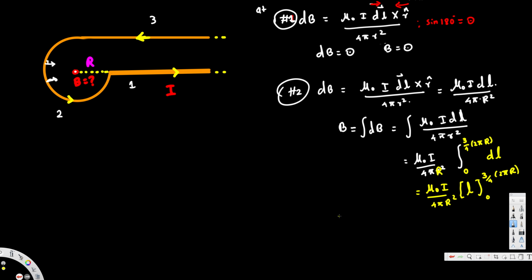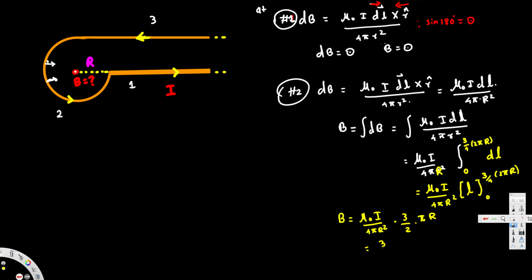So the answer is going to be B is equal to mu naught I over 4 pi R square times 3 over 4 times 2 pi R, that's going to be just 3 over 2 pi R. 3 over 2 times pi times R. Here we can simplify this further. We have this 2 times 4, that's going to be 8.